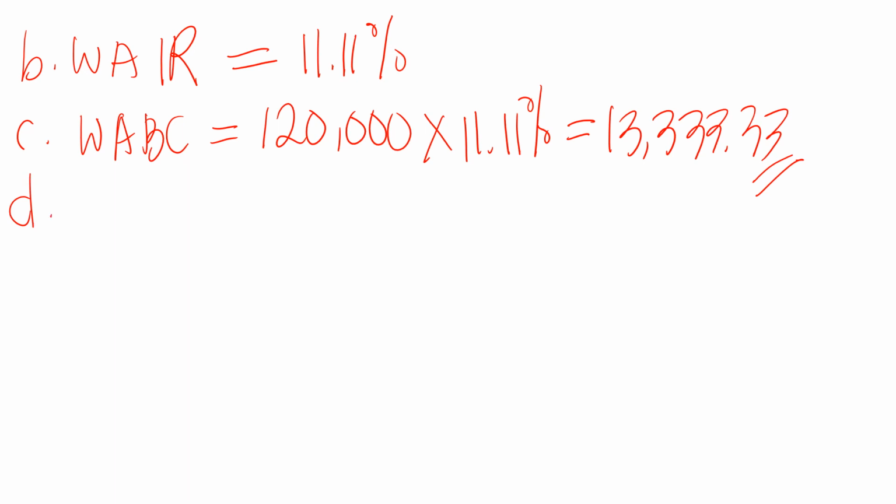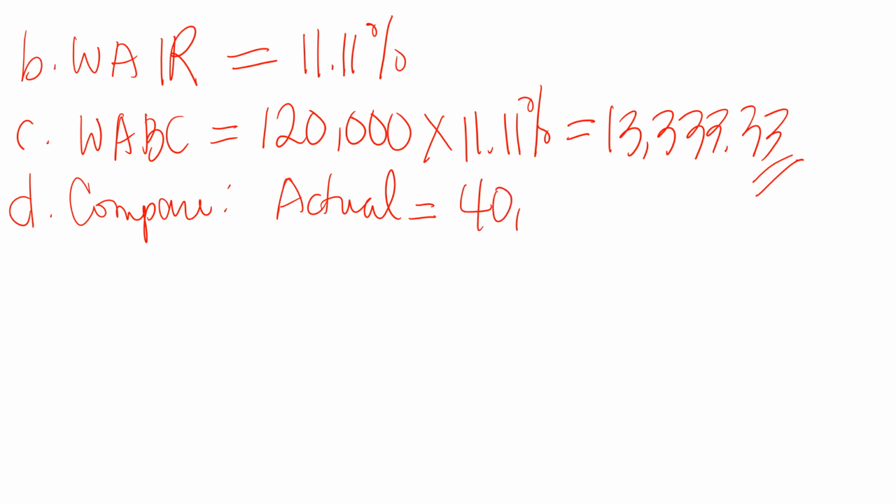Step D, sa general borrowings. Ang gagawin natin, compare, di ba? Compare, yung actual borrowing cost, this is 40,000. I hope naalala nyo rin kung paano kayo compute: yung interest rate lang sa general borrowings, i-multiply lang dun sa principal ng general borrowings.